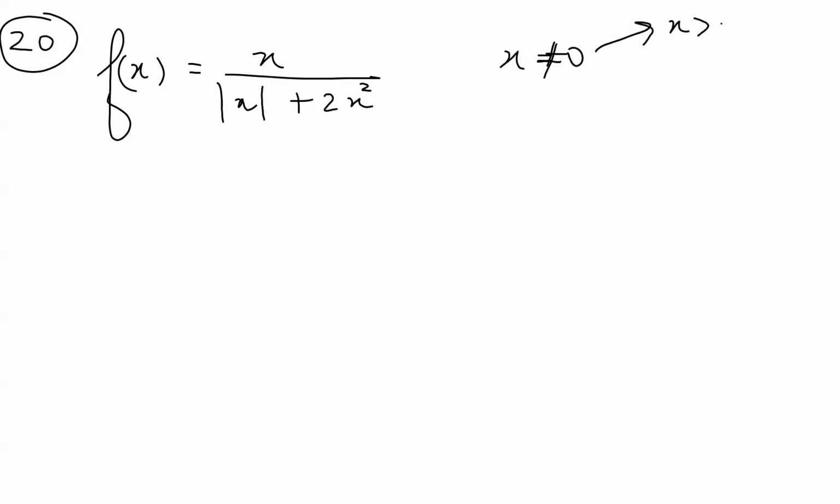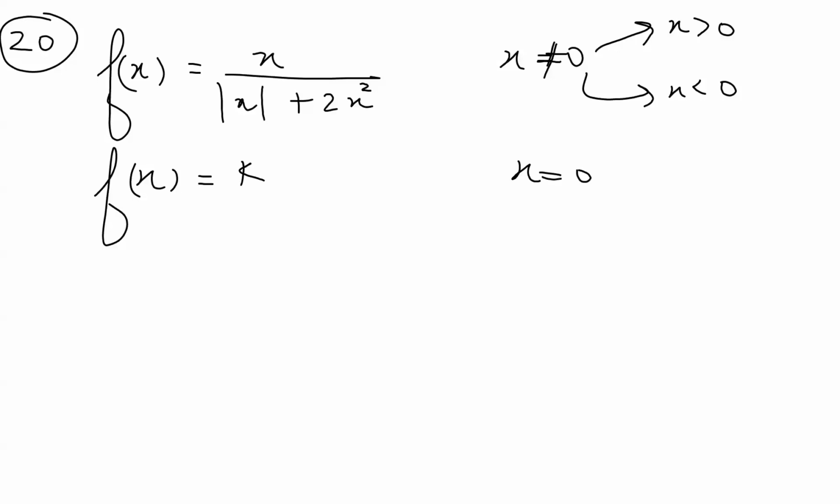This means x is greater than 0, x is lesser than 0. f of x is equal to k when x is equal to 0.